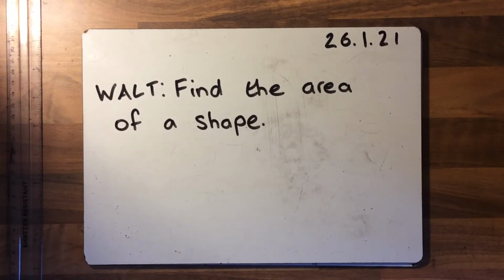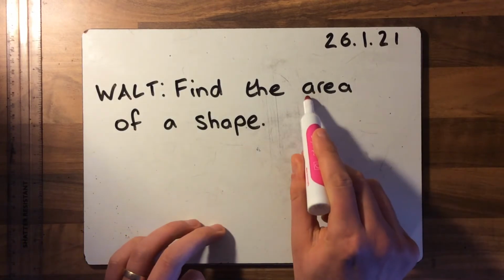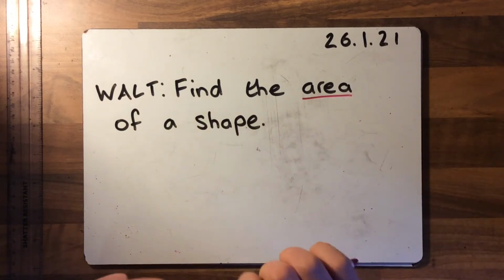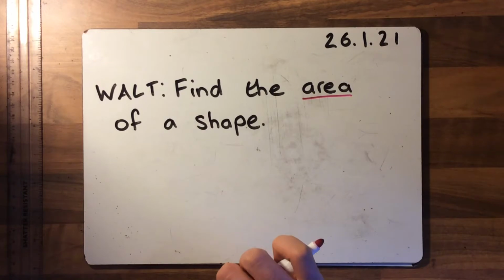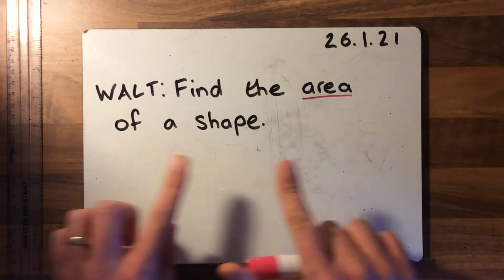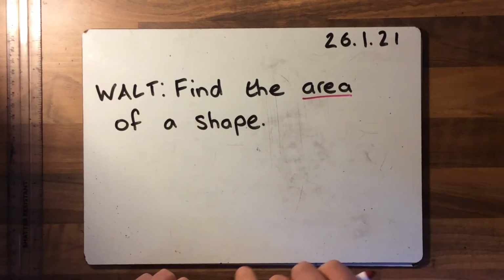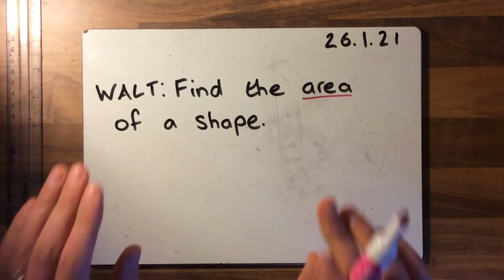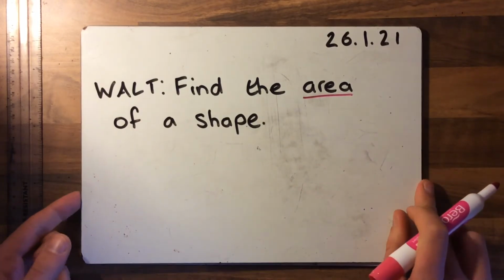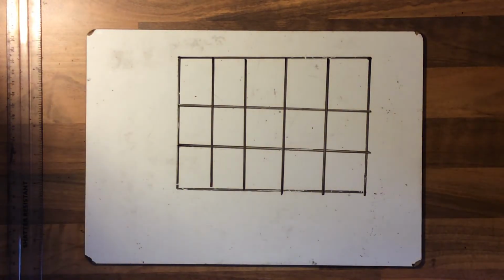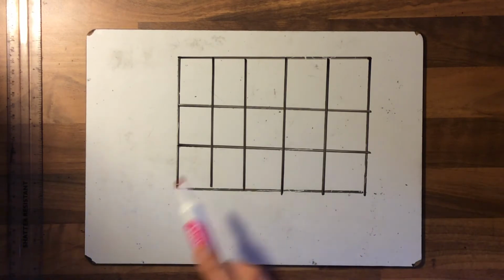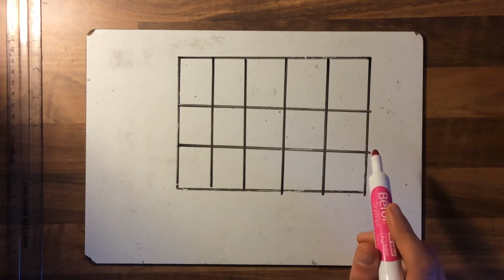The area though of the shape concentrates a little bit more on the inside of the shape. When we looked at the perimeter, it was the distance around the edge of a shape. The area is looking at the inside of the shape, and it's quite a useful tool to be able to do. So if we have this shape here, we have a rectangle.